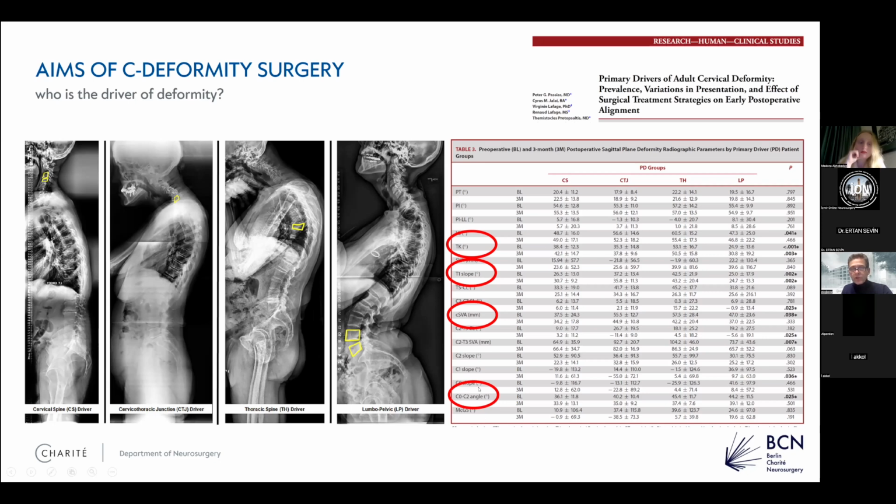And I also mentioned the compensatory mechanism of the axial spine with C0 to C2 going into hyperlordosis in order to compensate. And this is more pronounced in those patients that have a subcervical driver, because these patients usually have a more pronounced and more complex deformity. So the upper cervical spine has to compensate more than with a classical mid-cervical or cervical driver.